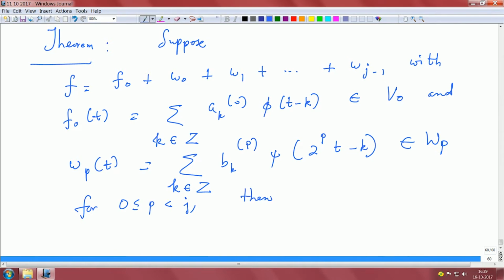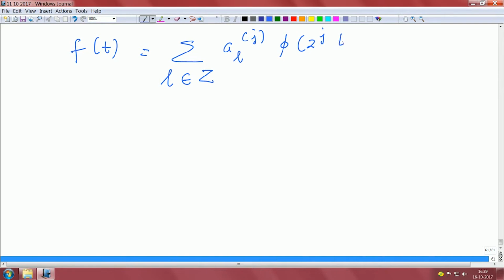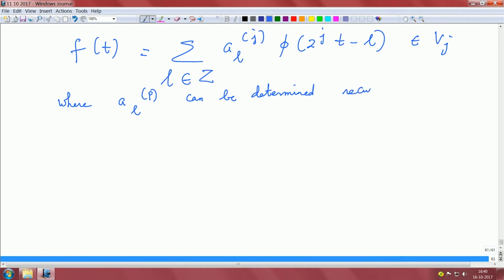Then if this is true, then f of t can be written as summation over L belonging to the set of integers of AL of j in scale j, phi of 2 power j t minus L, belonging to the space Vj, where AL of p can be determined recursively.